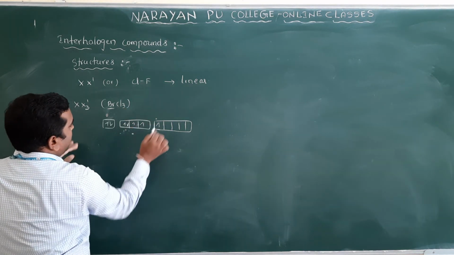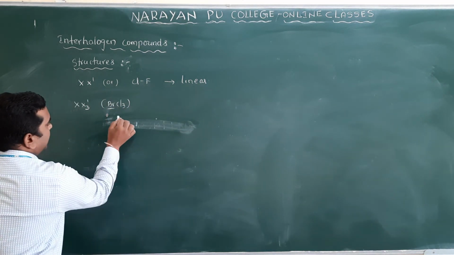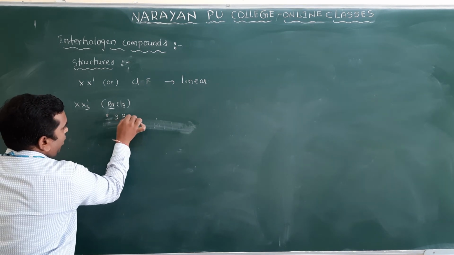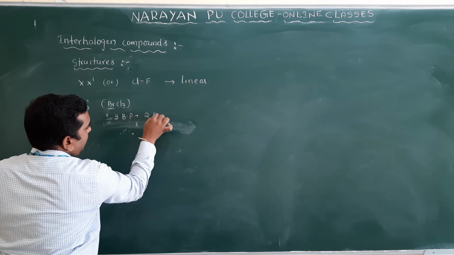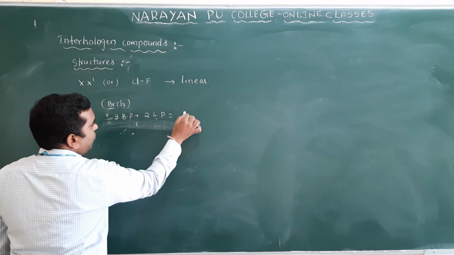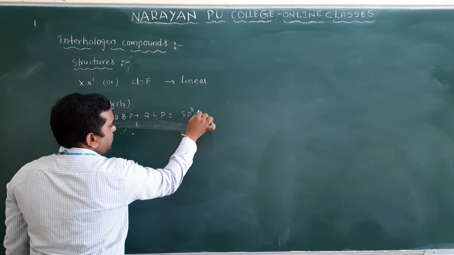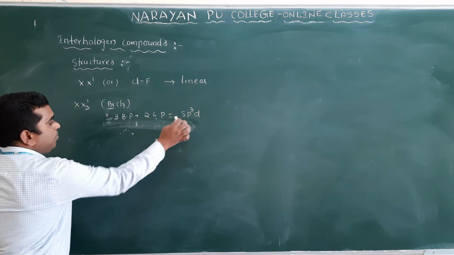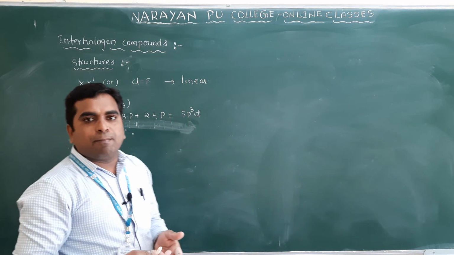So in this compound, the central atom has 3 bond pairs and 2 lone pairs. What is the hybridization of the central atom? 5 means sp3d. Clear? So what is the shape of this molecule? If you see, 5 means trigonal bipyramidal.